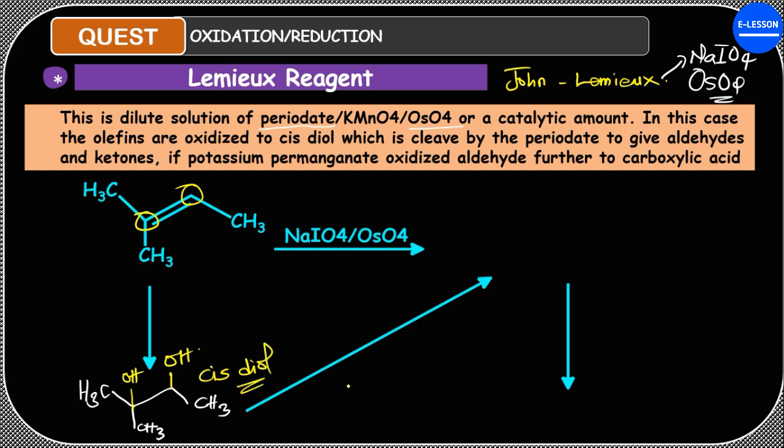Now, this cis-diol will react with the periodate. It is the sodium periodate that will cleave the cis-diol to give us the corresponding carbonyl compound, which can either be an aldehyde or a ketone. So when this one cleaves, look at this very well. If it cleaves and oxidizes, what do you think we are going to form?